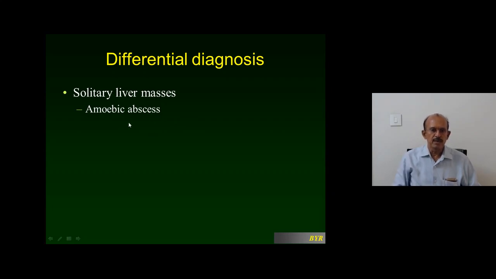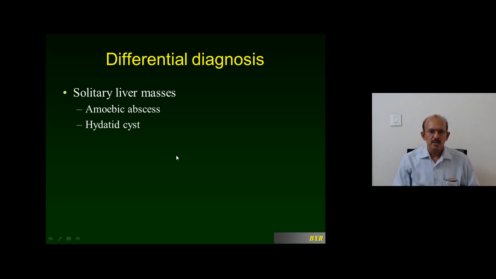Usually amoebic abscess will be subacute, that means the abscess will be tender on palpation. But sometimes the abscess becomes chronic, especially if the patient's immunity is better. In that case, there will be a thick fibrotic wall around the abscess, so the abscess becomes firm or hard in consistency. Then it mimics a hepatocellular carcinoma.